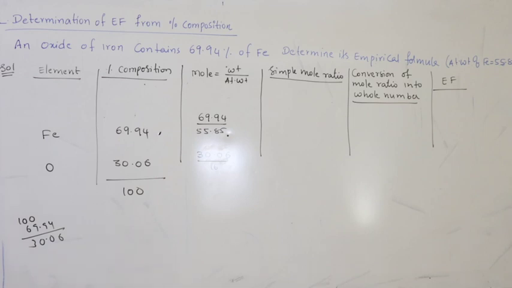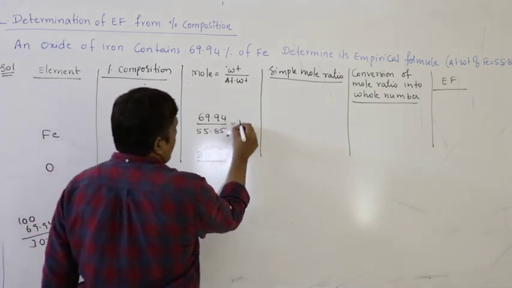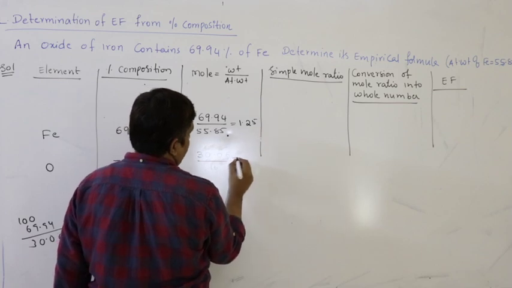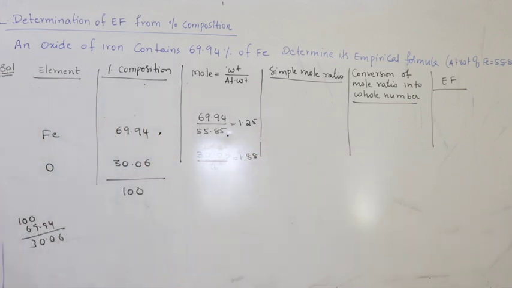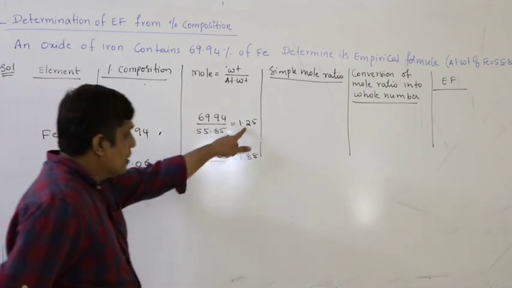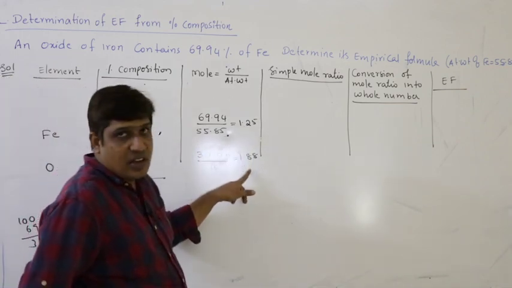So this value will be equal to 1.25, and 1.88. So 1.25, 1.88. This is the moles of iron, this is the moles of oxygen.